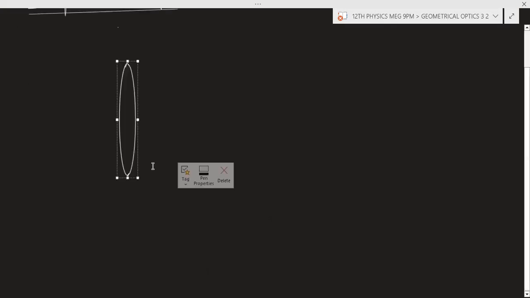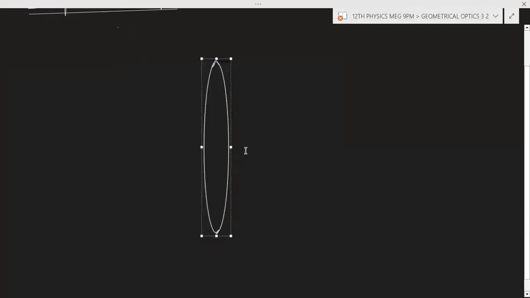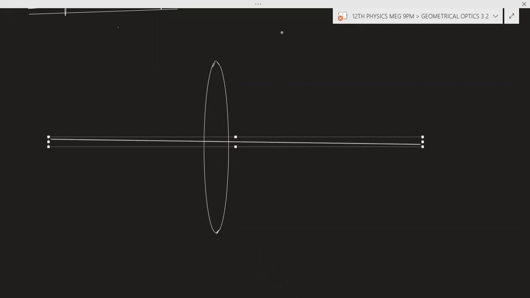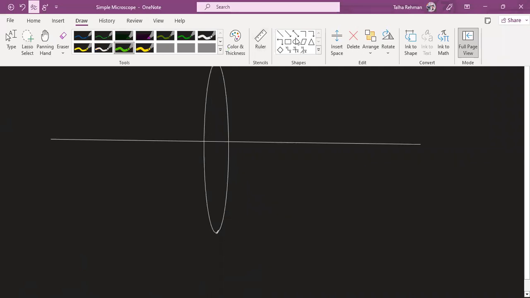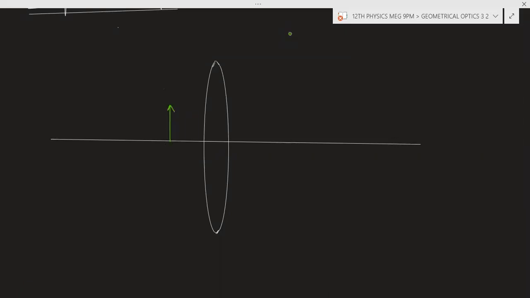For a simple microscope we have a convex lens. This is a convex lens, and this is the principal axis. An object is placed like this, between the optical center and the focus of this lens.